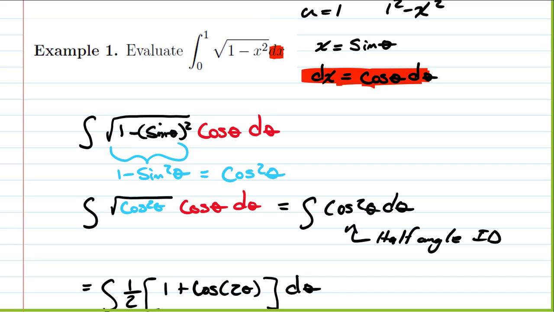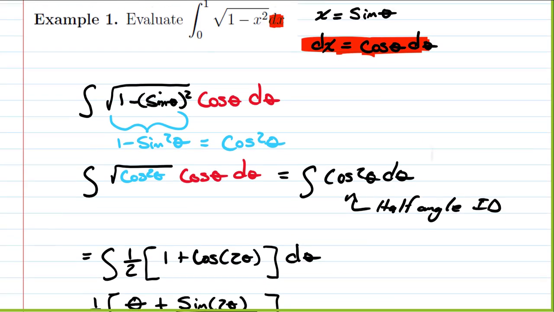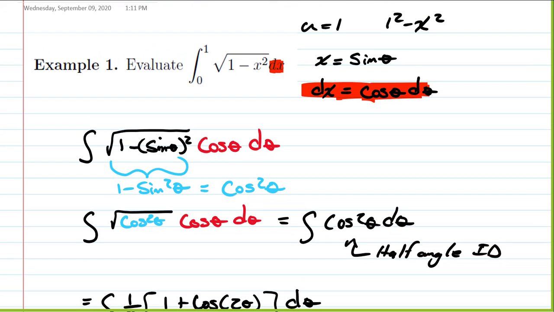Theta. So are my limits of integration going to be the same in my new integral? And the answer to that question is no. We have to convert our limits of integration from our old variable to our new variable.